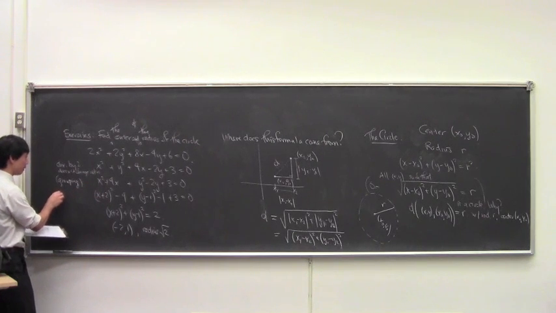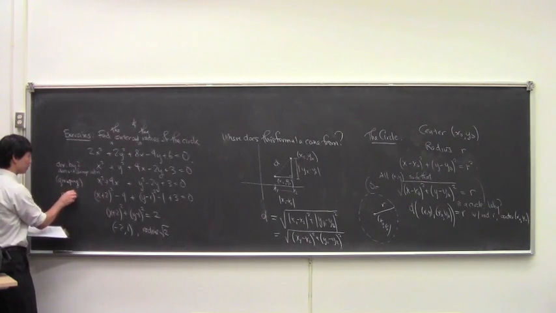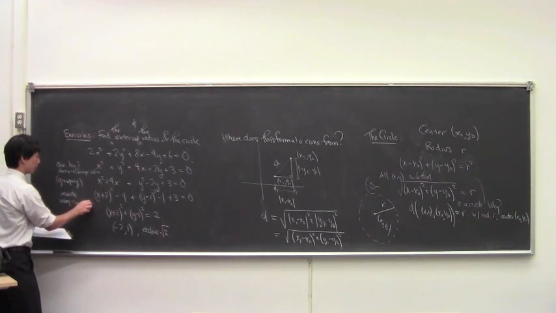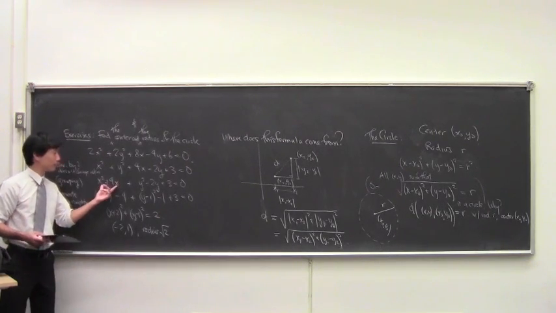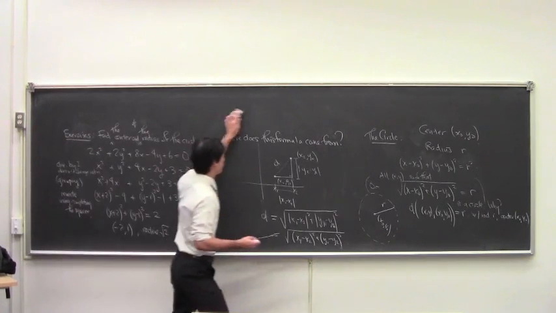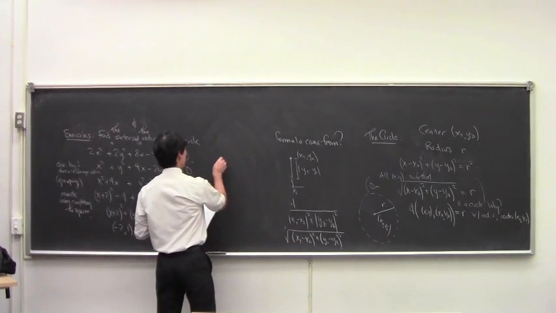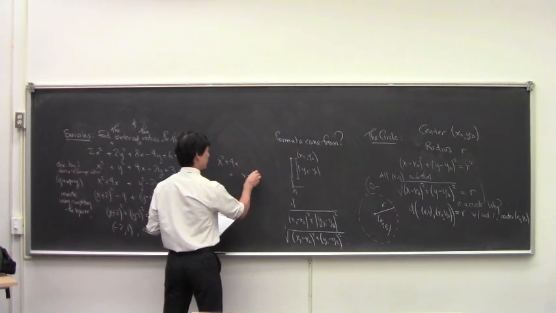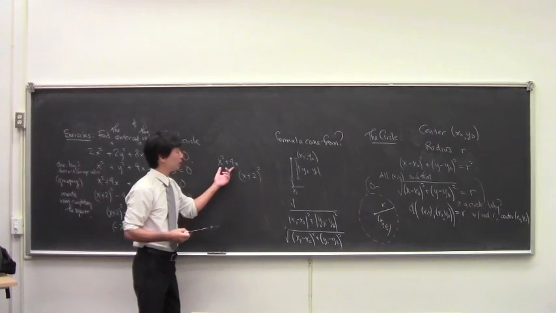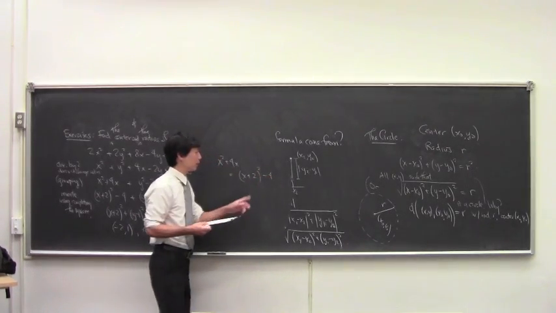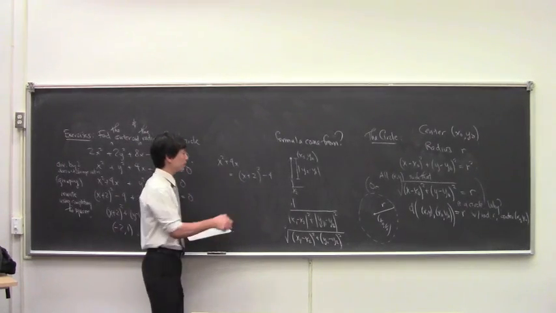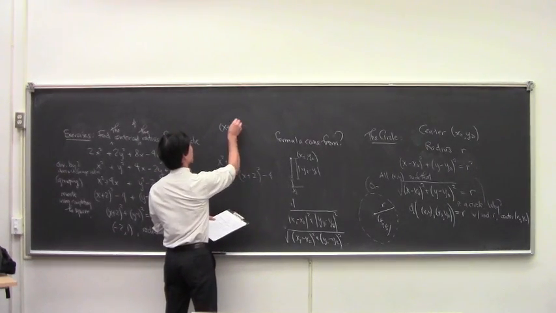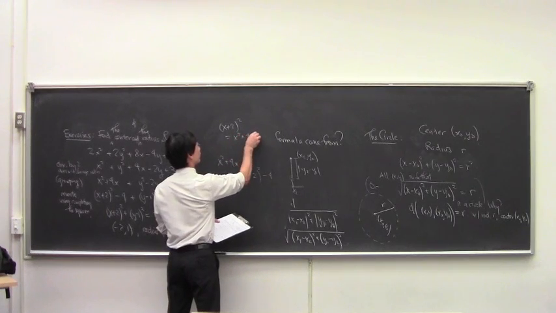And here we just rewrote it using completing the square. So you recognize this x squared plus 4x. You recognize that it's going to be x plus 2 quantity squared, right? But you have to get rid of the constant term that you added on. x plus 2 squared is equal to x squared plus 4x plus 4.